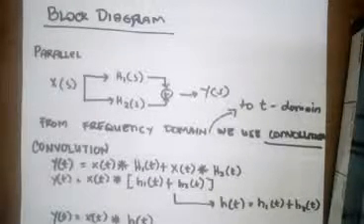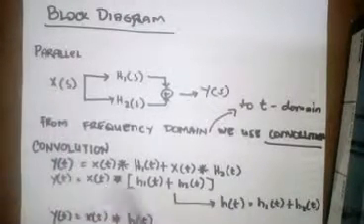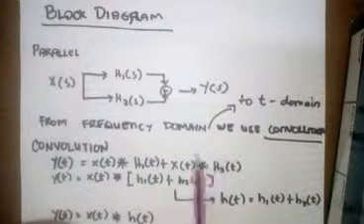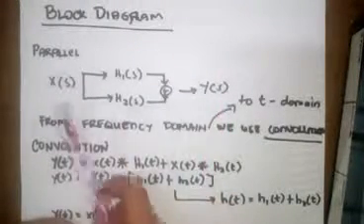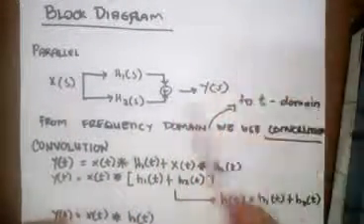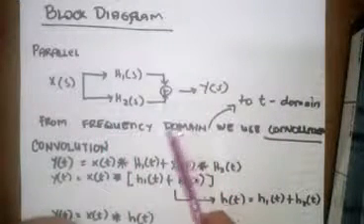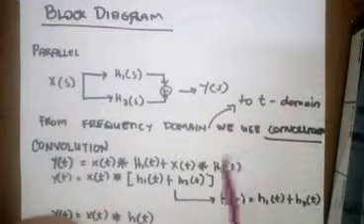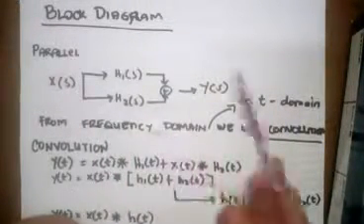So, block diagram. A block diagram is used to represent a system. It could be parallel, linear, or maybe a network of a network, or a system of networks.